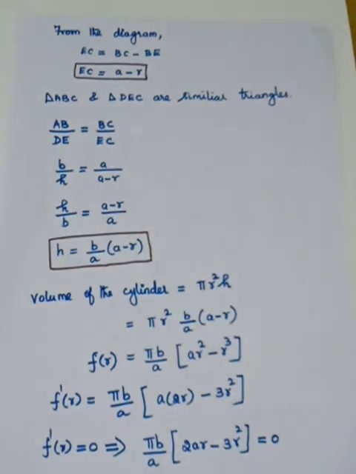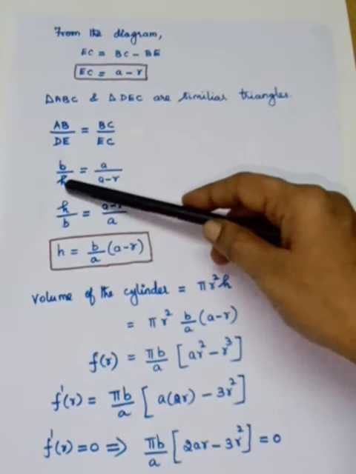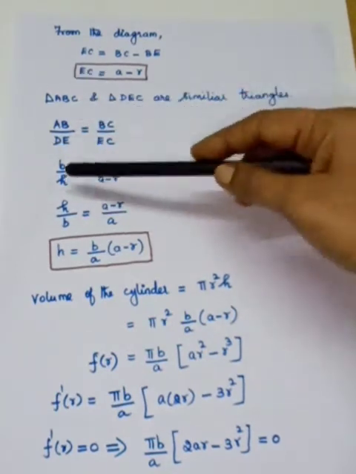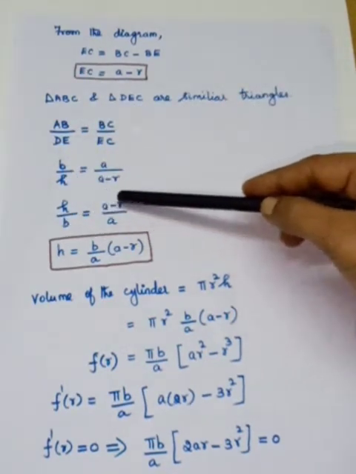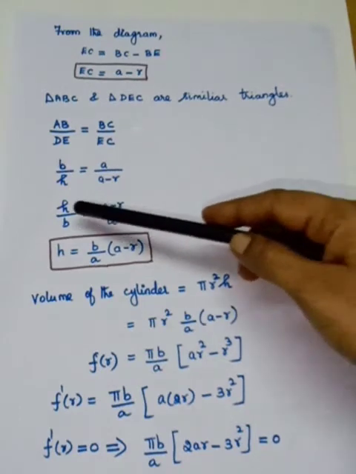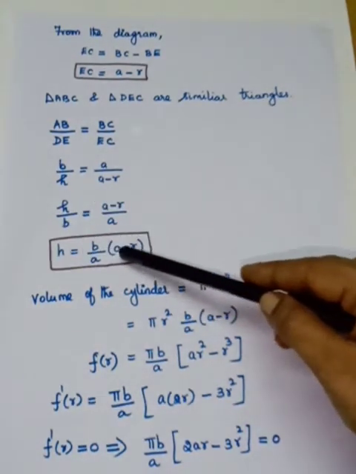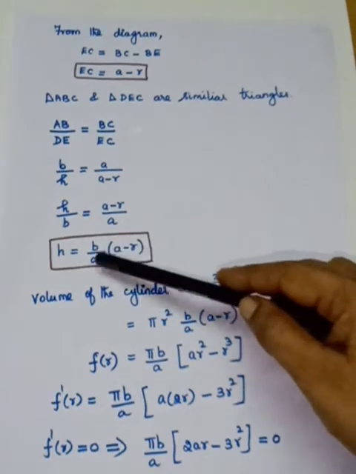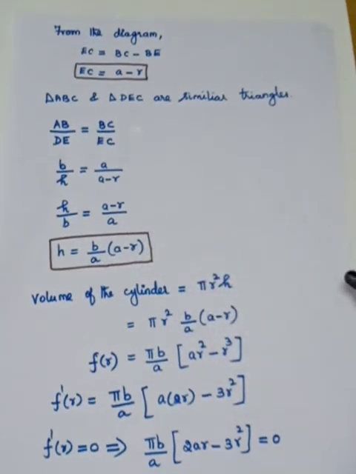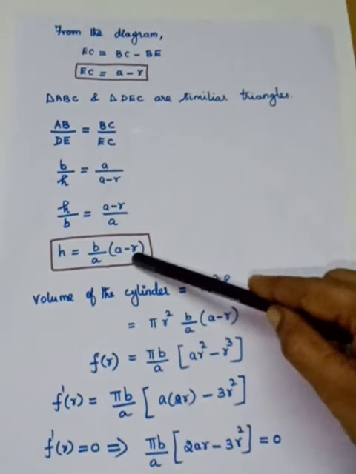What is needed? We need H, and H is in the denominator, so just reciprocate it. H by B is equal to A minus R by A. H is equal to B by A into A minus R. Here B and A are given, so they are treated as constants. R is a variable.